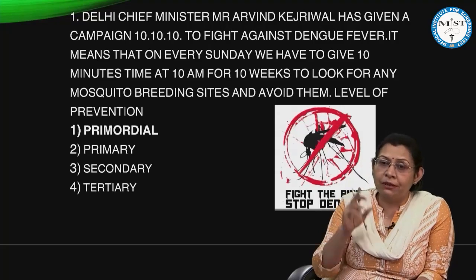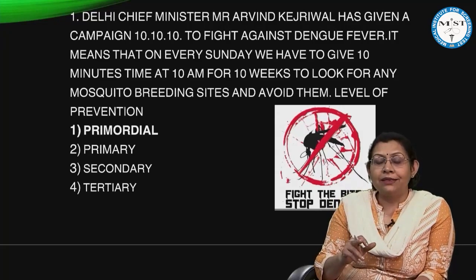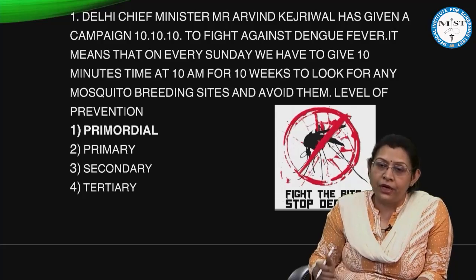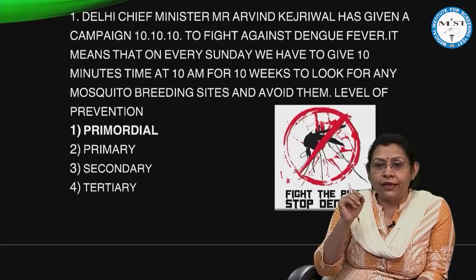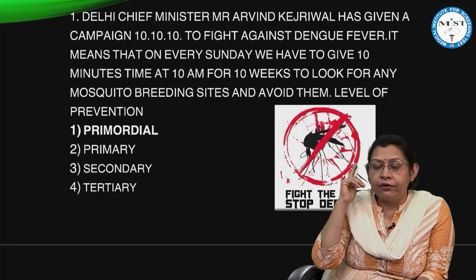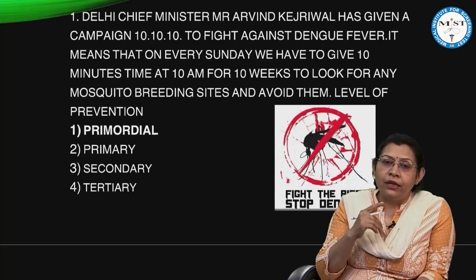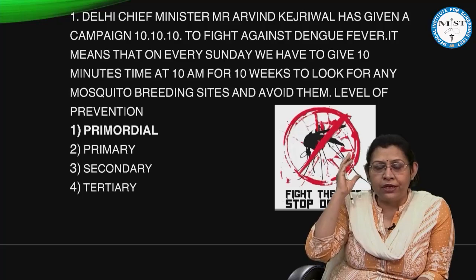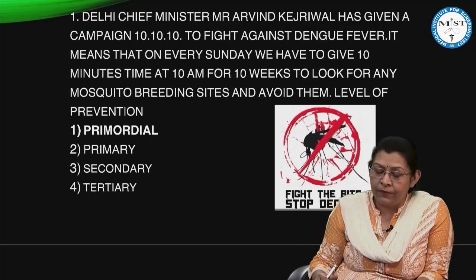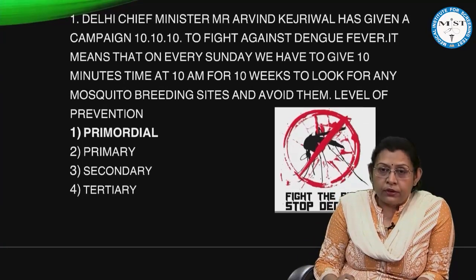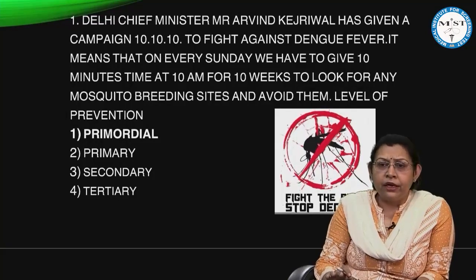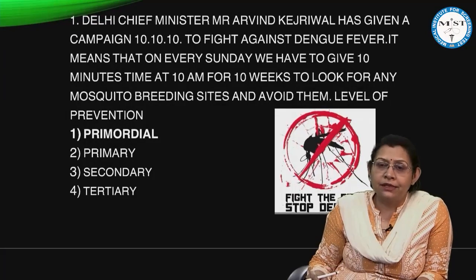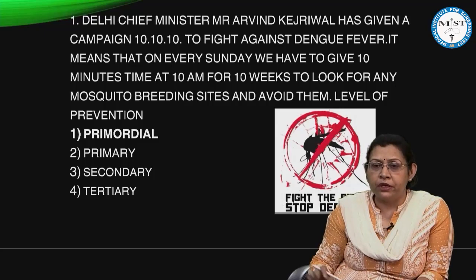They might have given us some method and they are trying to ask what the different levels of prevention are. So within seconds, the second reel should play in your mind: what are these different levels of prevention: primordial, primary, secondary and tertiary. Clear? Now as we could not get any hint about which activity they are asking this level of prevention for, definitely we have to read the question.